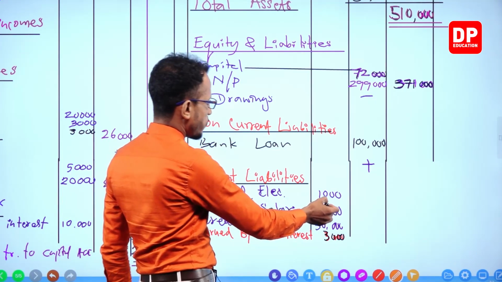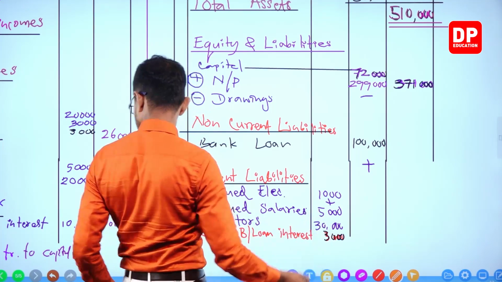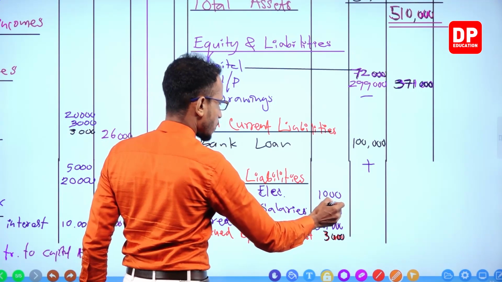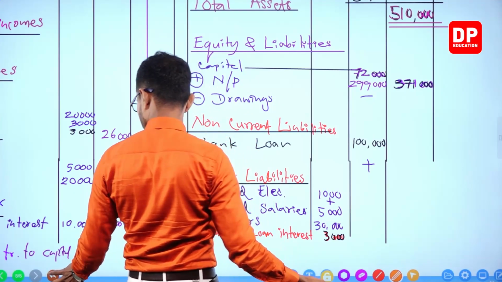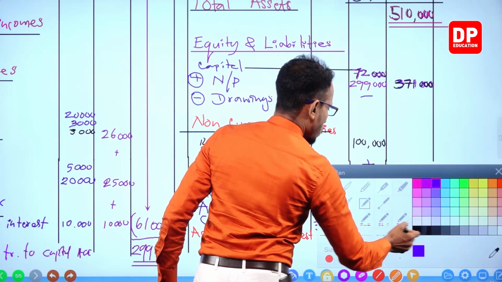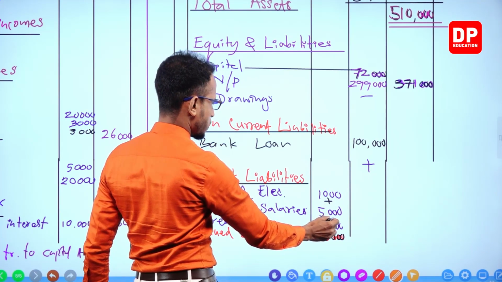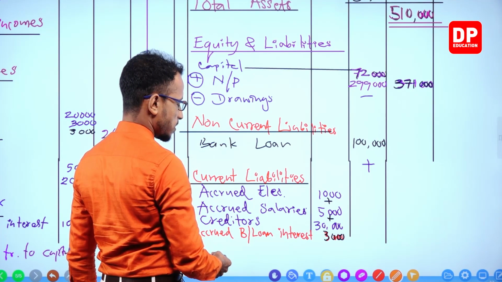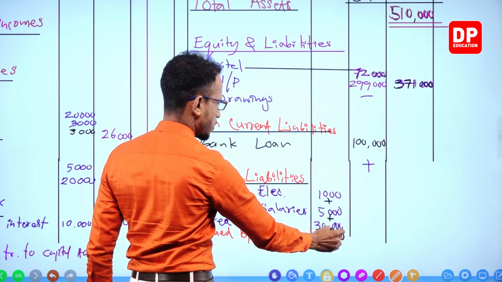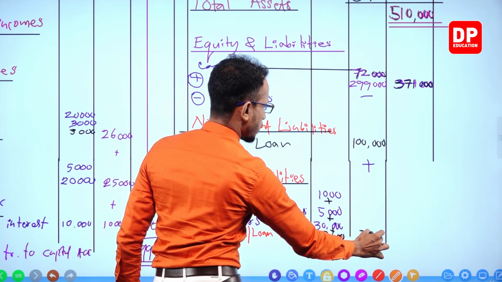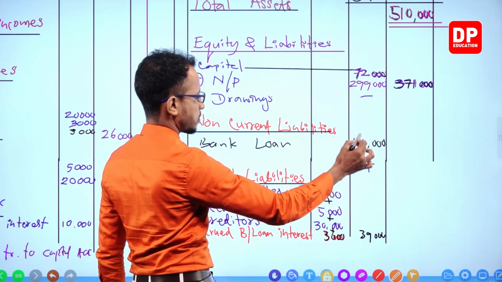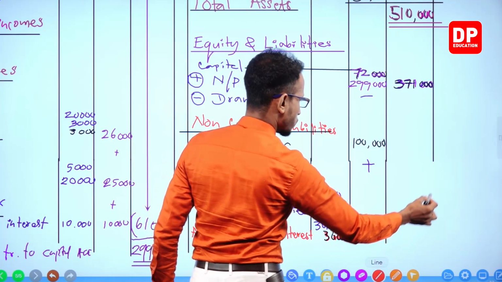Current, we have 5,000 plus 1,000, 6,000. 6,000 plus 30, 36. 36 plus 3, 39,000.